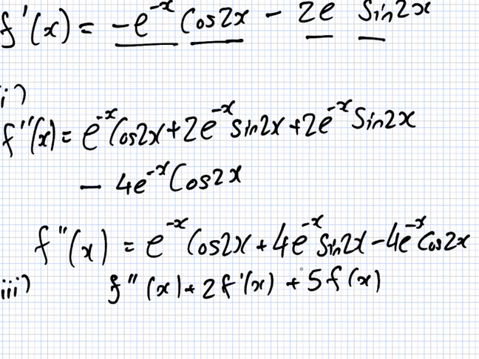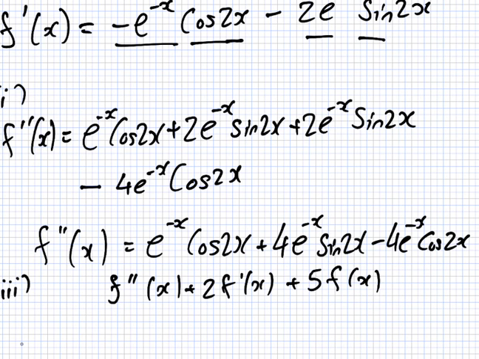I could put them together, but I don't want to put too many things together because I'm going to need to expand this to cancel, so I might just be making more work. I don't know, we'll see.